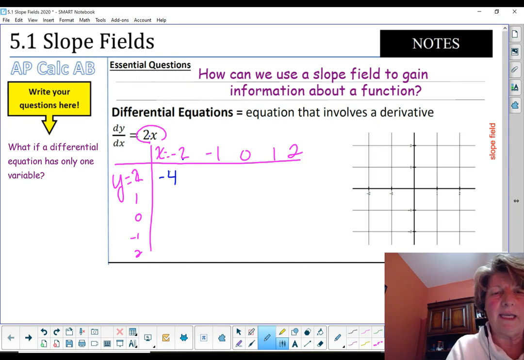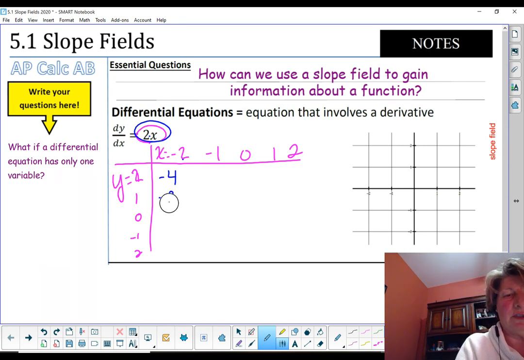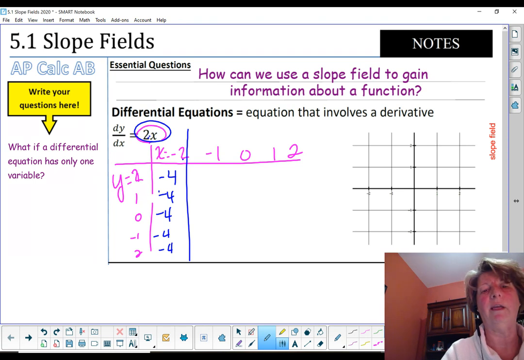And that would be the case for all x equaling -2, and it wouldn't matter what the y value is because there is no y variable here. So really, let's just take 2 times x, 2 times -2, and I would get -4, -4, -4. That entire column is going to be filled with -4.